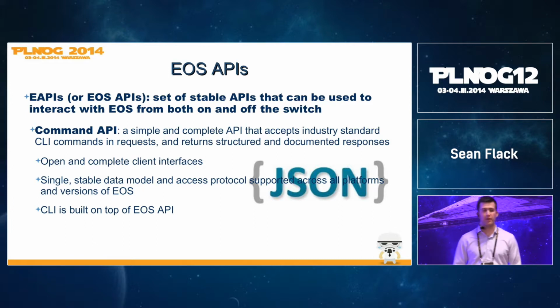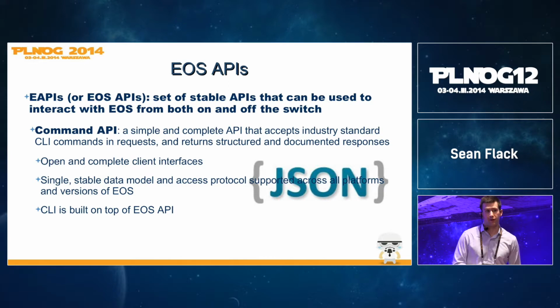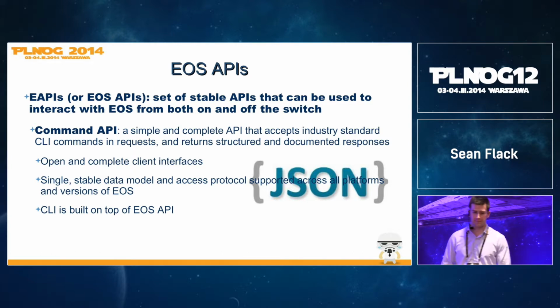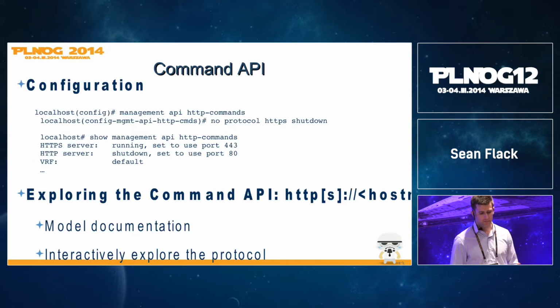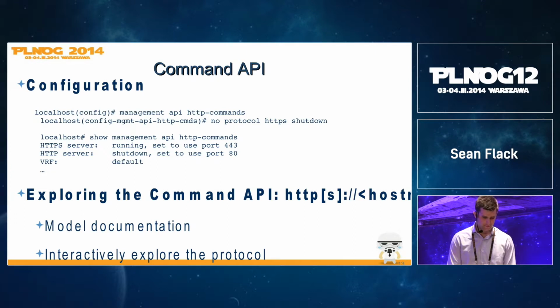And when we say standard, it's using the same syntax that you would if you were configuring a switch. So you have show commands, show interface, show run, and the output is shown in JSON format. The configuration is very easy, 2 lines in the config, and then we start to have this command API Explorer. So let me just show you how this is set up.